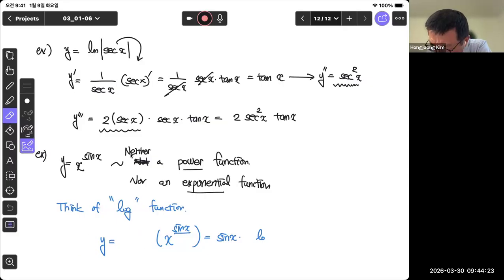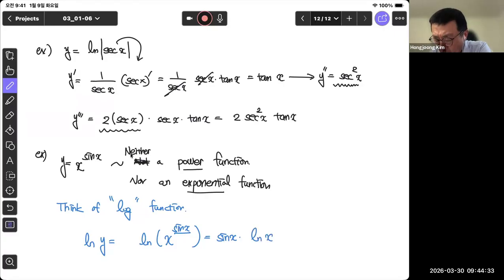So let me consider ln y, then we get sine x times ln x. Now, when I look at the right-hand side, I have a product of two nice functions, the sine function and the logarithmic function, and those two are multiplied. So I know how to differentiate the right-hand side because I can apply the product rule.